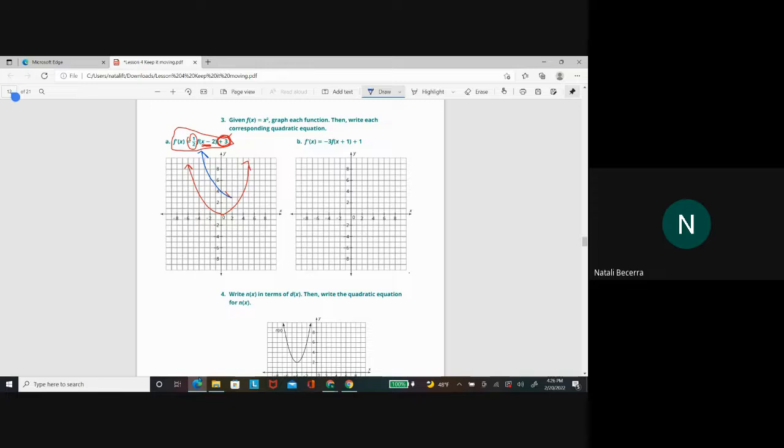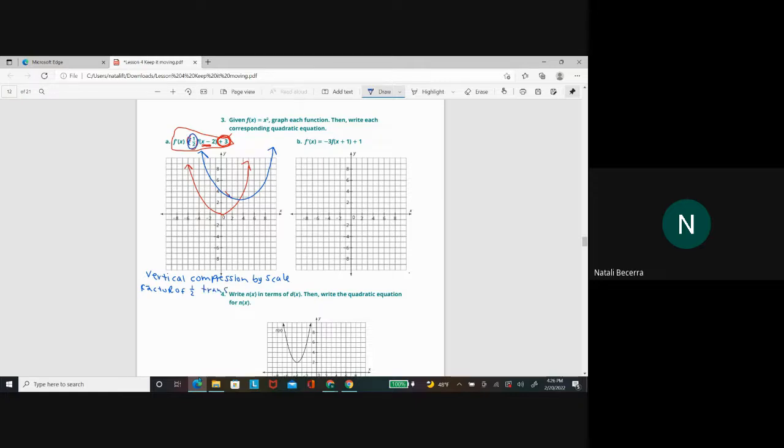So it's going to be like this and way wider like that. Okay, so then for this one, this was a vertical compression by scale factor of, what was the number? 1/2.